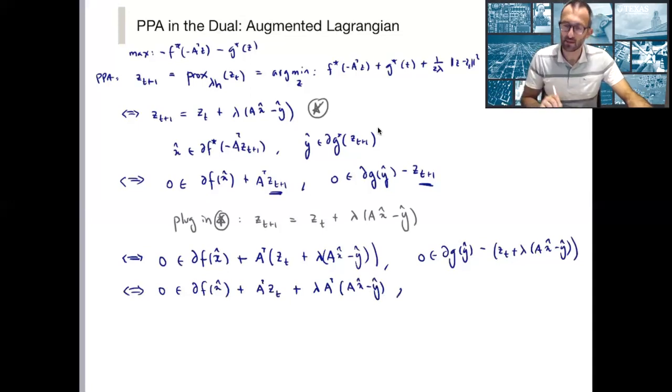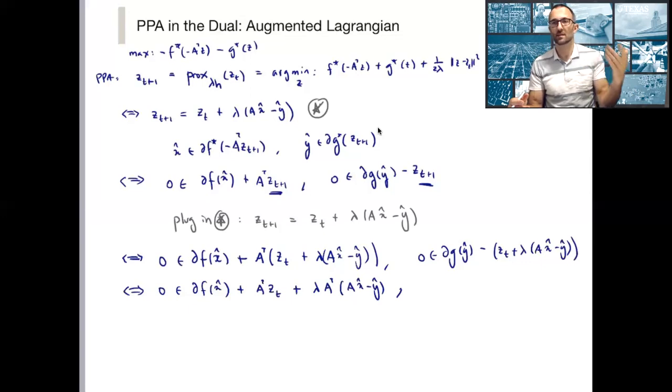And then this thing on the right doesn't need any further simplification. What do we do whenever we have 0 as an element of the subdifferential? We try to recognize this as the first order condition for an optimization problem, and that will allow us to characterize x hat and y hat. This is the same story that we've been doing.